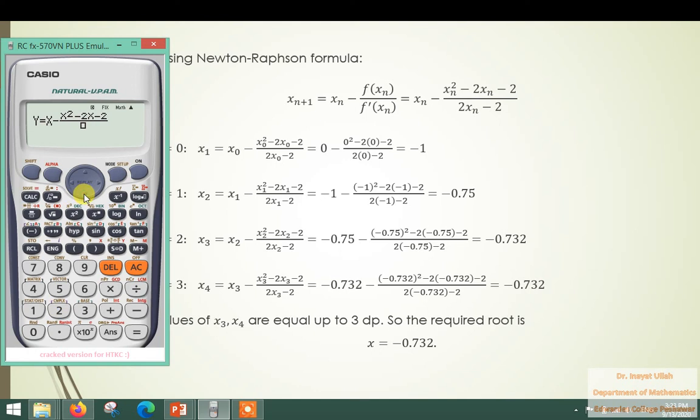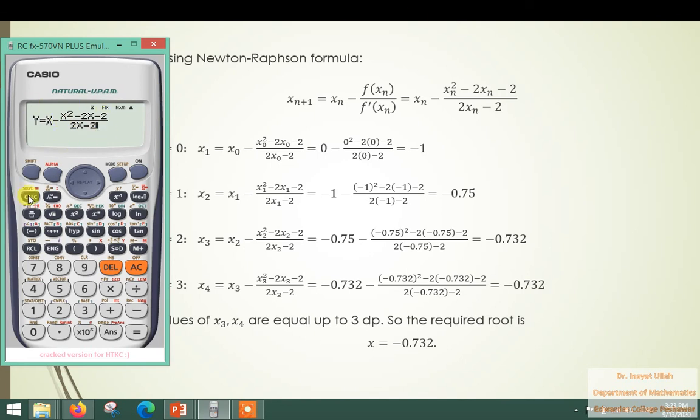Now in the denominator we will put 2x minus 2. So we have written this equation in the display of this calculator.